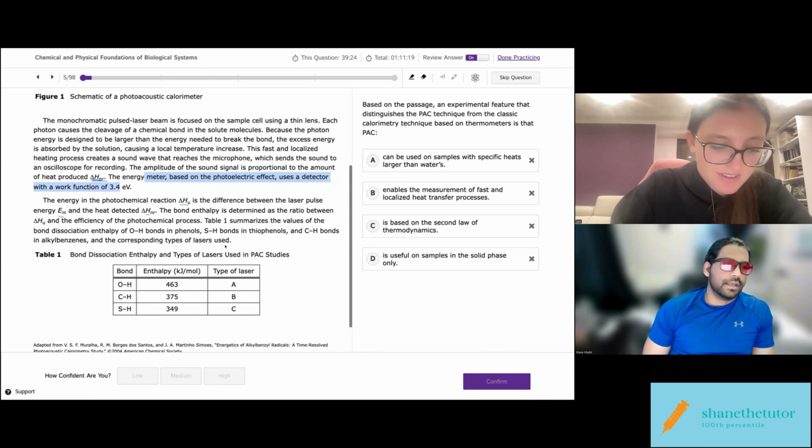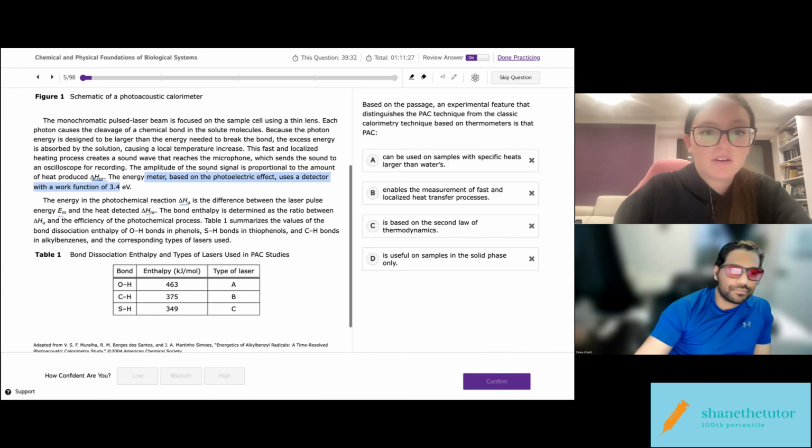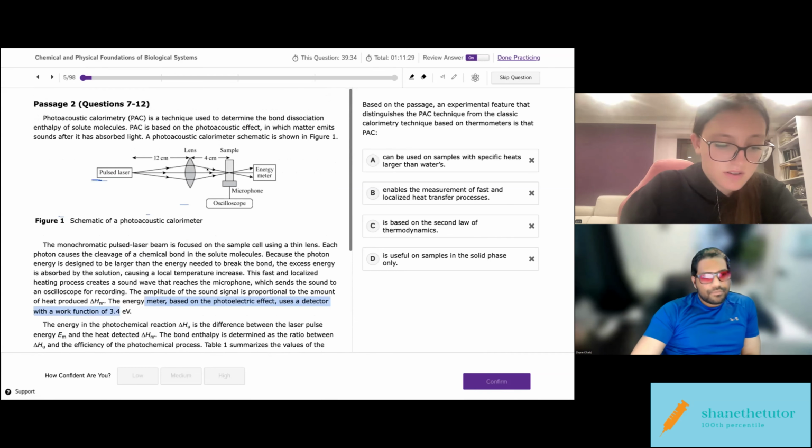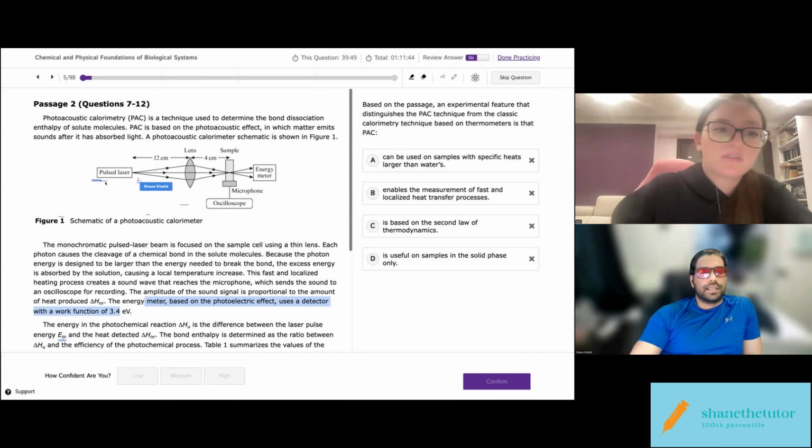If you go back up to that schematic here, the pulsed laser that comes out is going to be this E_M, so maybe I'll say E_M here. And the delta H_U, what is that going to be?